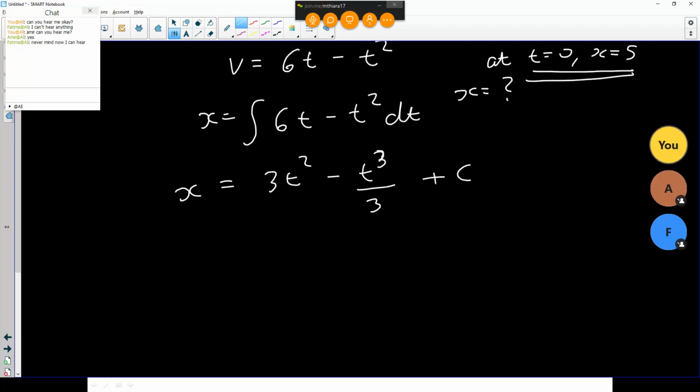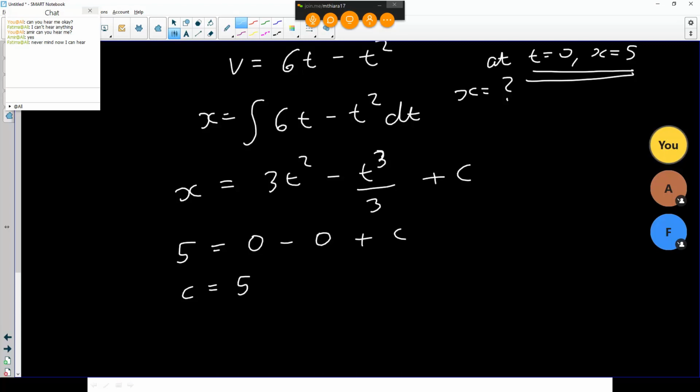You need them to work out any constants that you have. Now, I'm going to substitute them in and work out what c is. So at time t equals 0, x equals 5, so 5 equals 0 minus 0 plus c. So at my initial value, my displacement is 5.